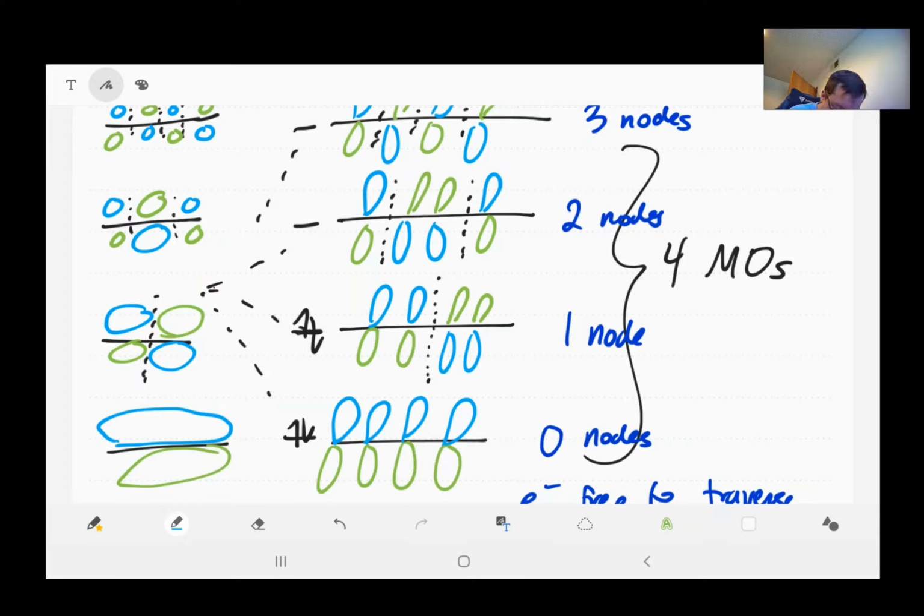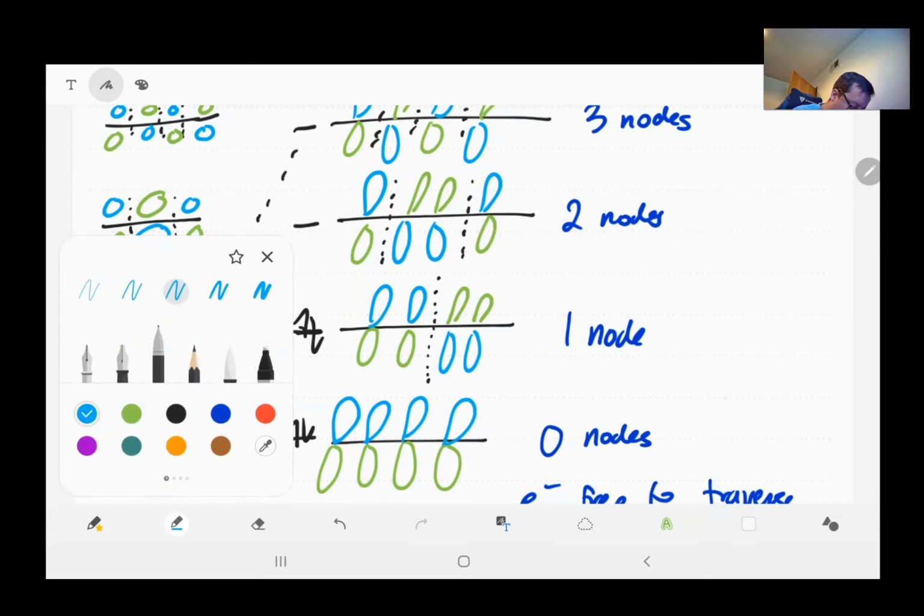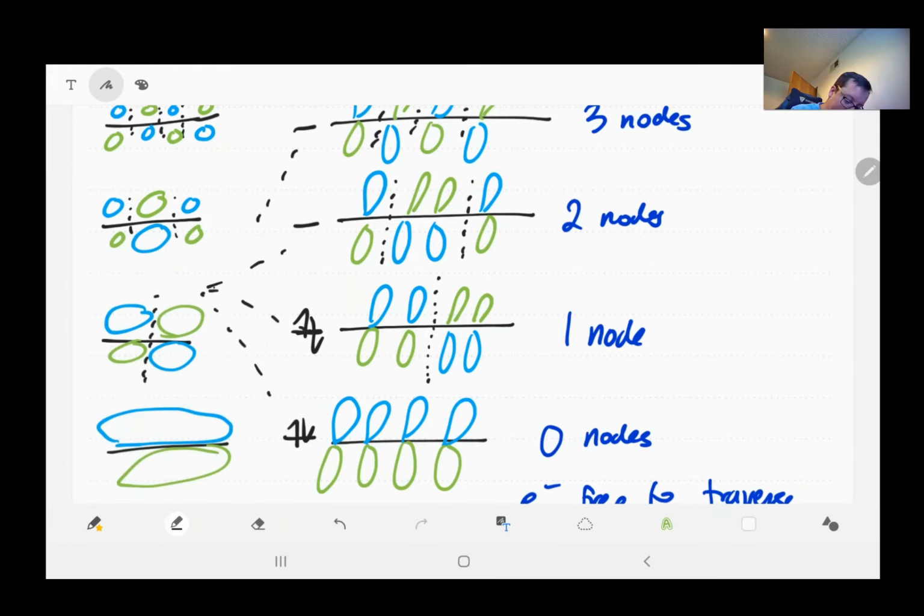What these might look like... Okay, time to erase this part too. What this might look like... Well, I've drawn it as trans, but if we were to draw bonds for this one, we might draw it like this, where we've got complete sharing of electrons throughout the entire molecule.